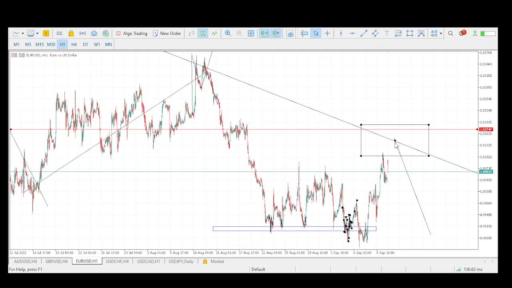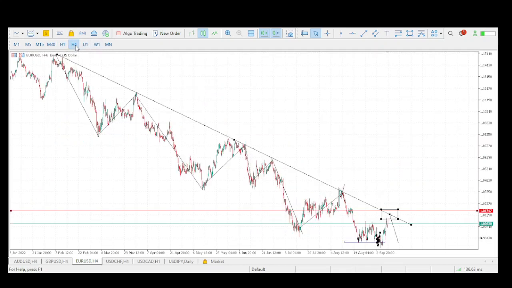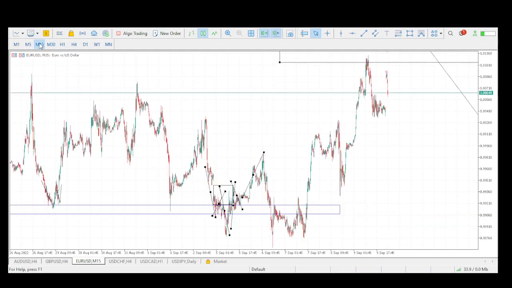Now what I want you to do is try to do your own analysis the way I've done mine. Go on 4 hours time frame and do the same analysis. You can see the way I draw my trend line, touching those lower highs. Draw it, and then you can get what I'm trying to explain.